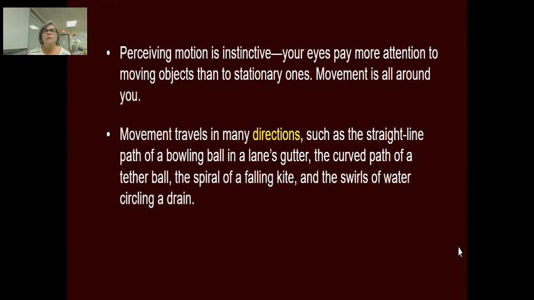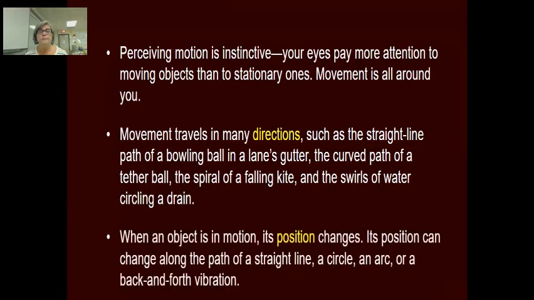So when we talk about movement, we've got a couple of factors that we always need to be able to identify. Movement has direction, and it can be straight line, curved, or swirling. In this chapter, we'll focus mostly on straight line motion. And the other thing you have to know about motion is an object's position during that motion. So we'll take a look at that as well.